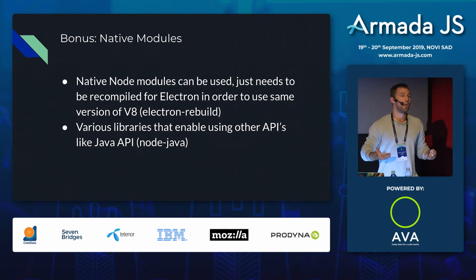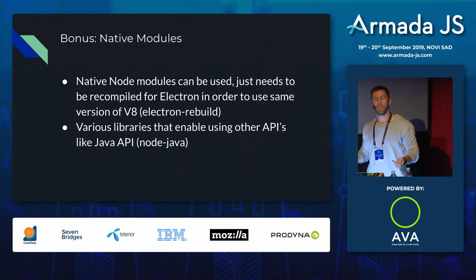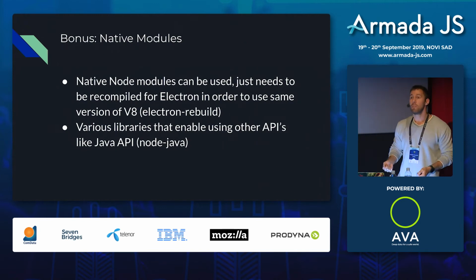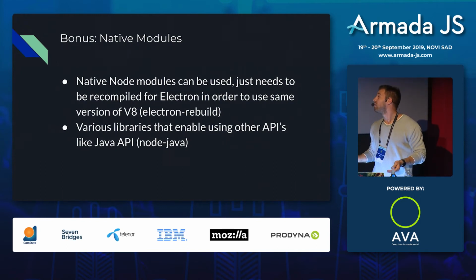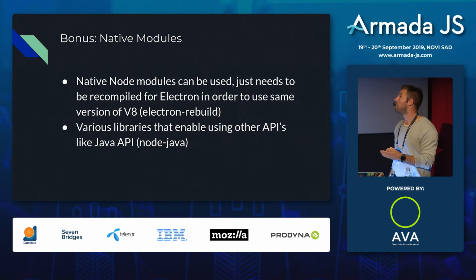You need a DMG file for Mac, I can't remember, an exe file for Windows, and for Linux, depending on the Linux you want to target, you need to think a lot about packaging.